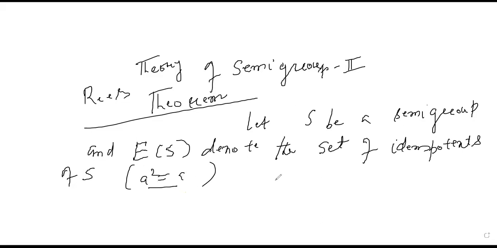So if E(S) is the set of idempotents of S, then there is a natural partial order on the set E(S).